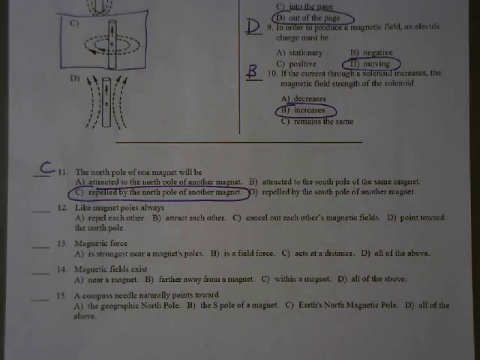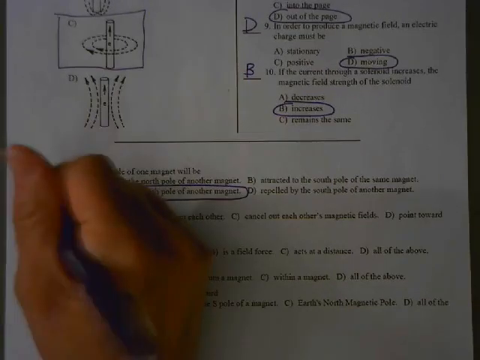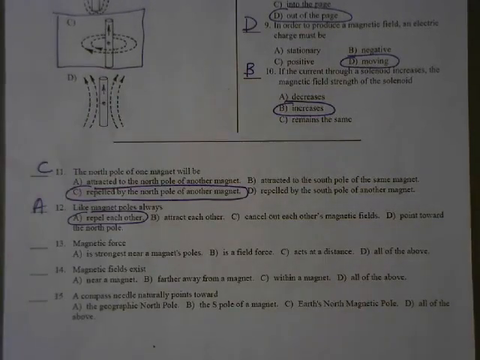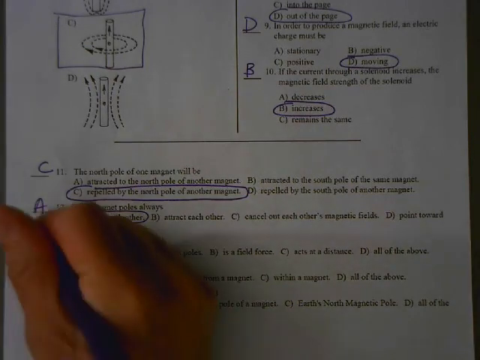Number 12, like magnet poles always, that's what we just said in the last one, repel. Number 13, magnetic force, is it stronger near a pole, the magnet's pulled? Is it field force? Does it act at a distance? And we know that all of those are true.